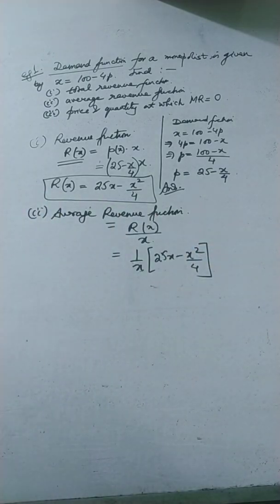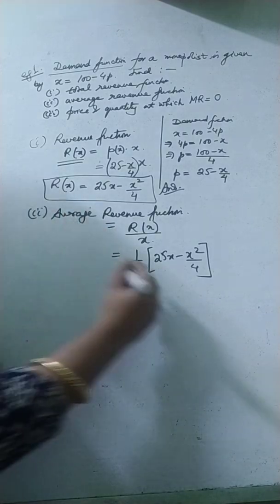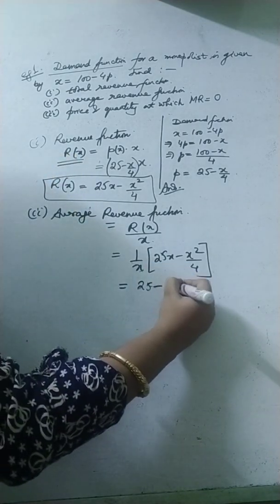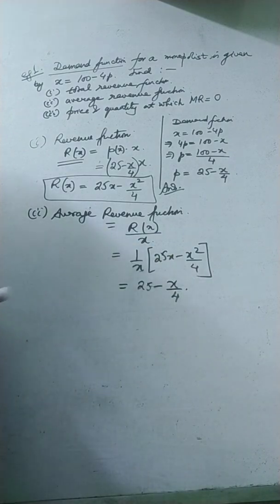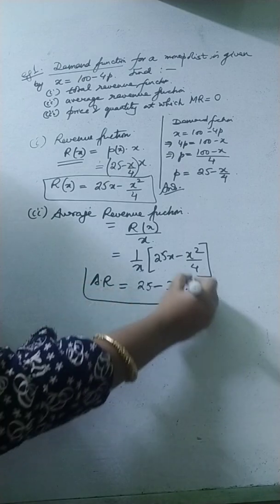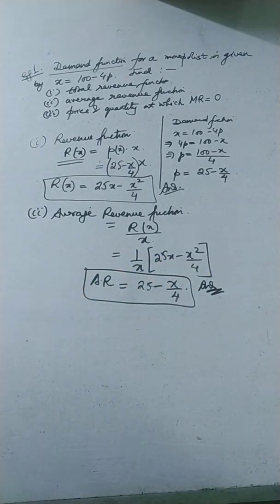I wrote it as multiplying by 1/x in front, it's the same thing. Term by term, 1/x times 25x, x cancels, so that's 25, minus x²/4 times 1/x, so x cancels to give x/4. So this is your average revenue function. This is your answer.